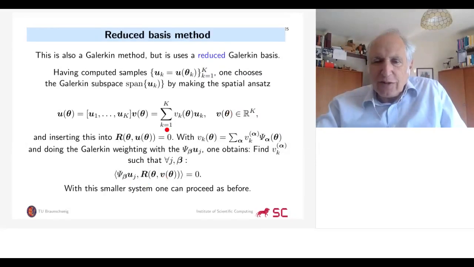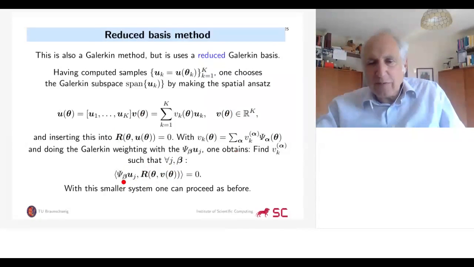Whenever you want a new V of theta, you solve this little system. This is only K by K, okay? And then you weight just with u_j for all j. If you want these coefficients, you have to weight with these combinations. So that's a bit bigger, the system, okay? But this is a small system now to be solved. A small coupled system. Again, we can uncouple it in the way which was just presented before, okay?